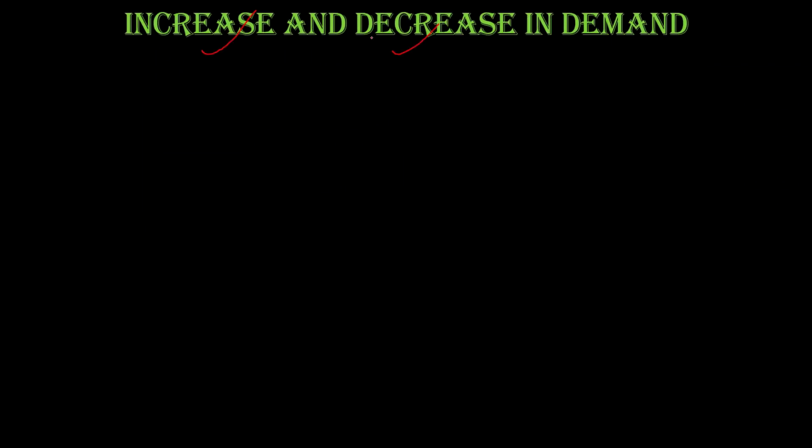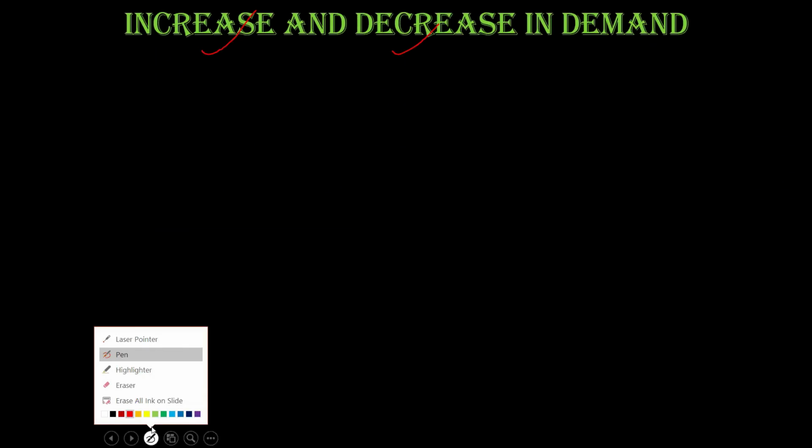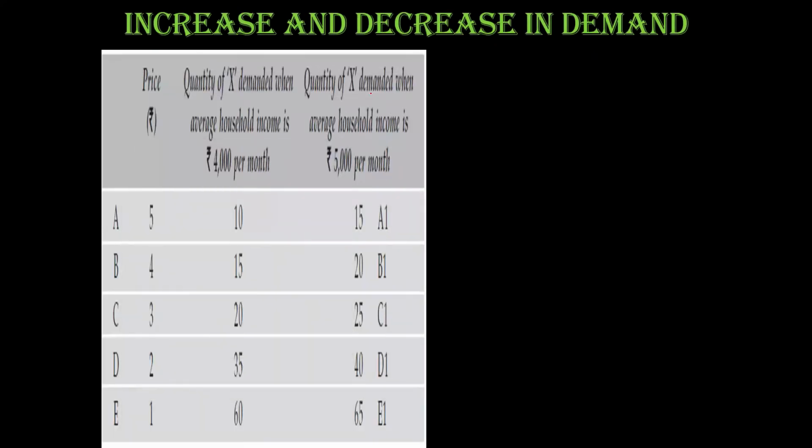Now this is titled as increase or decrease in demand. As you know, increase or decrease in demand takes place because of factors other than price. Here we have assumed the factor of income. We have taken two examples, when income was 4,000 rupees and when income increased to 5,000 rupees.